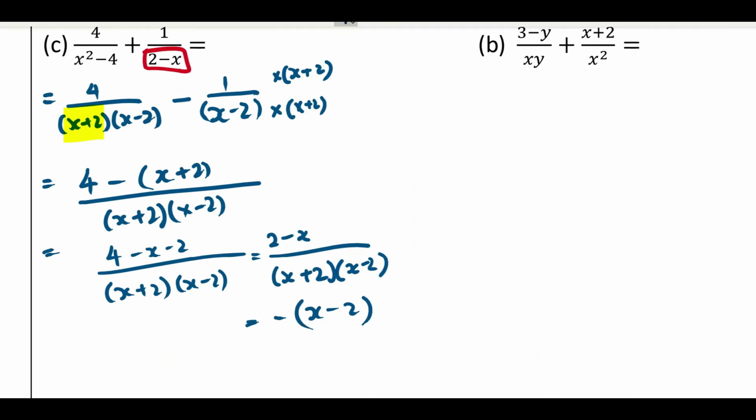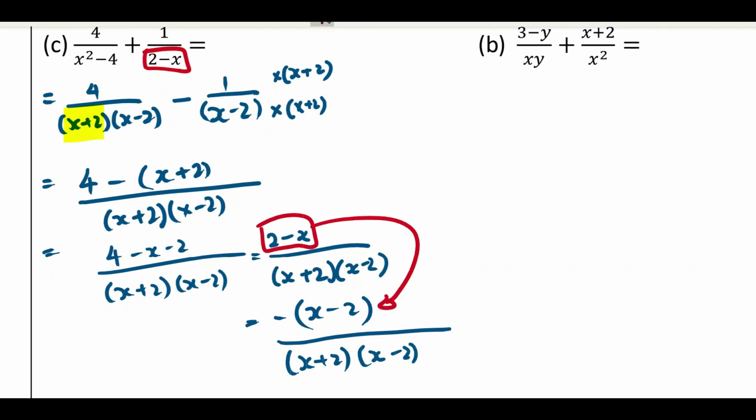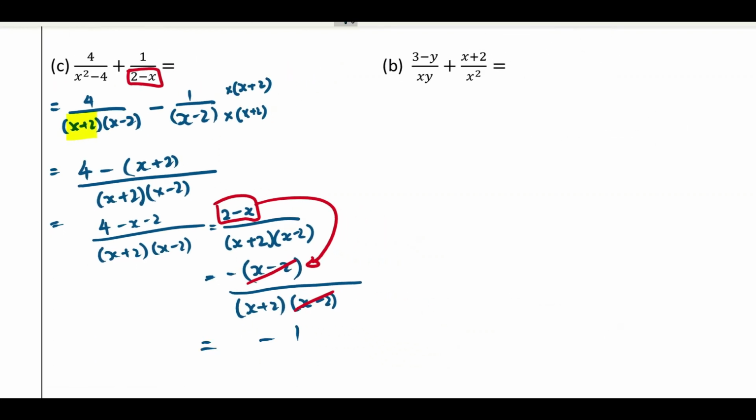Put a negative sign on the outside, over x plus 2, x minus 2. This skill is very important. 2 minus x can change to x minus 2. Yes, you need to put a negative sign on the outside. Alright? Then this guy and this guy cancel. The answer is negative 1 over x plus 2. So all these fraction techniques are very important. Make sure you go and practice them.